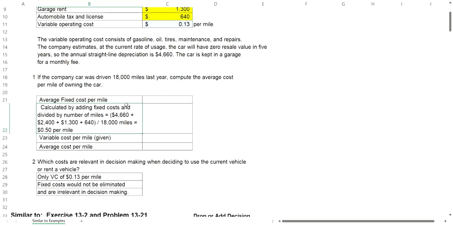So I did the calculation right here, and you will come up with 0.5 or 50 cents per mile. Then it's given above that the variable cost per mile is 13 cents. So I'll bring that down. Add those together. The average cost per mile for operating this vehicle is 63 cents.